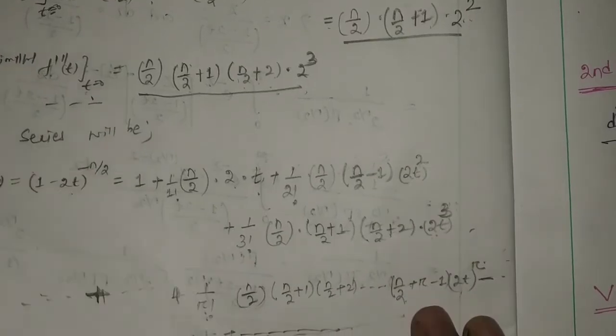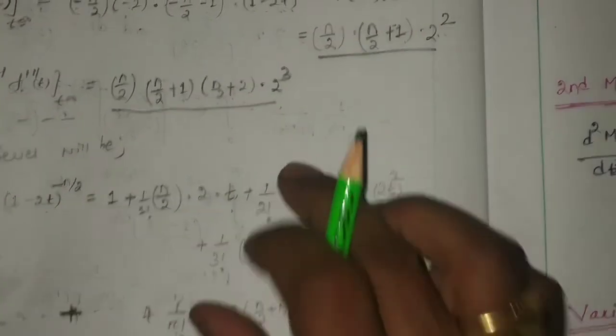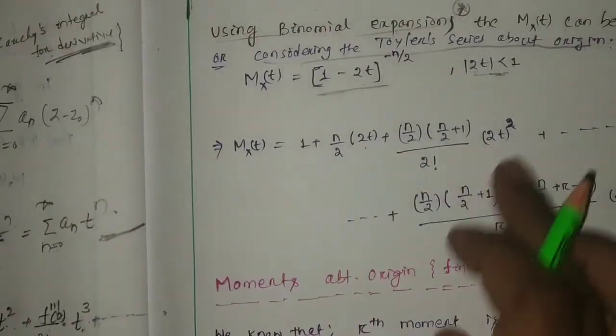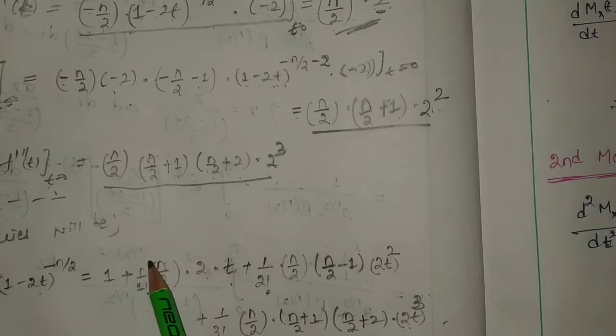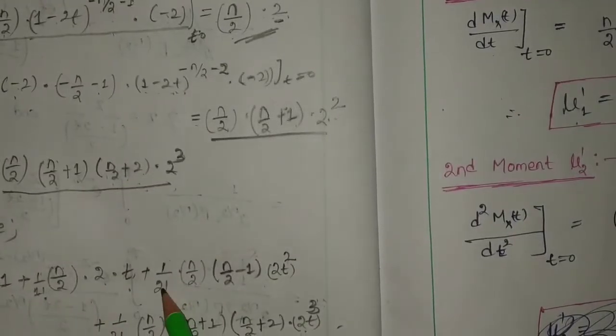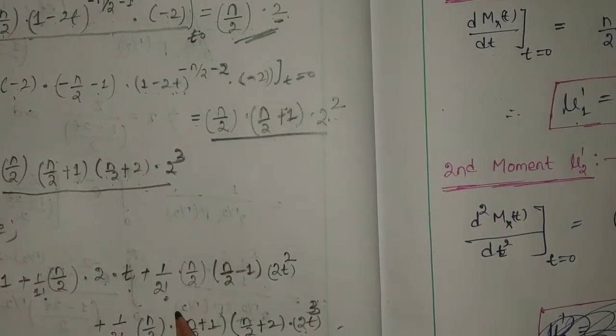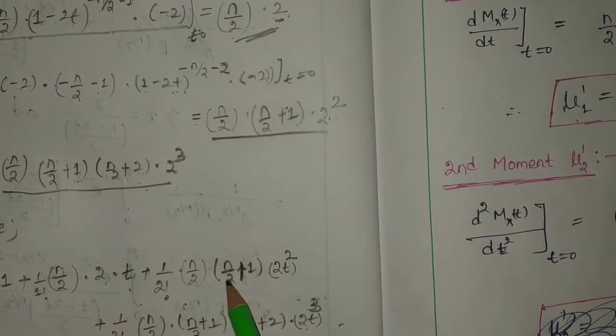So whatever the result we got here by using the Taylor series is the same as written here, nothing changed. That is 1 by 1 factorial n by 2 into 2t. Here you can see 1 by 2 factorial n by 2 into n by 2 plus 1, 2t square.